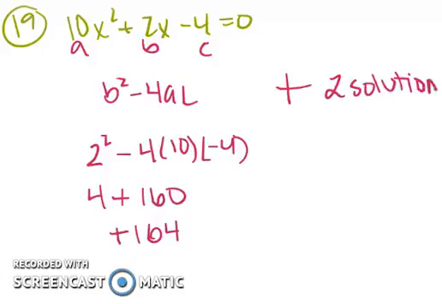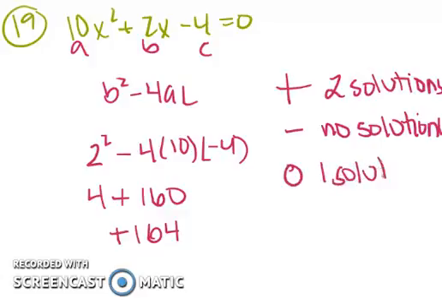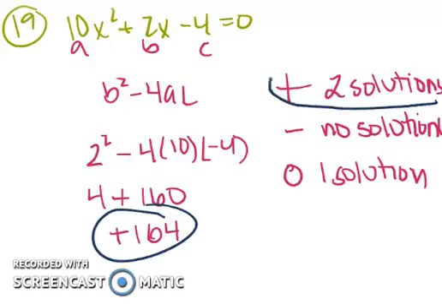Okay? If you get a negative answer, you're going to get no solutions. And if you get 0, you're going to get 1 solution. Okay? Obviously, in this situation, we wound up with a positive, so our answer is positive, 2 solutions.